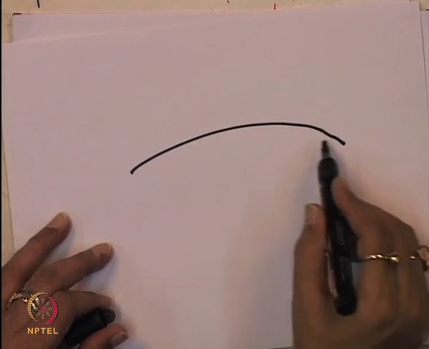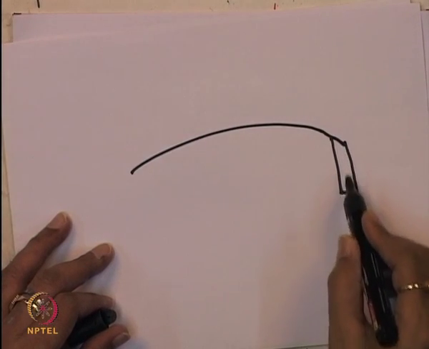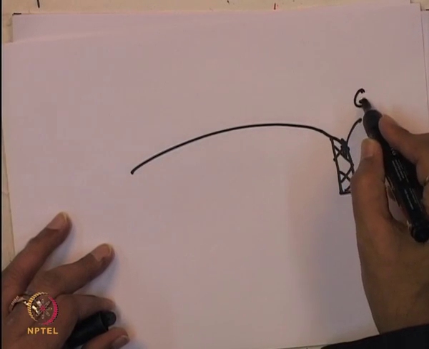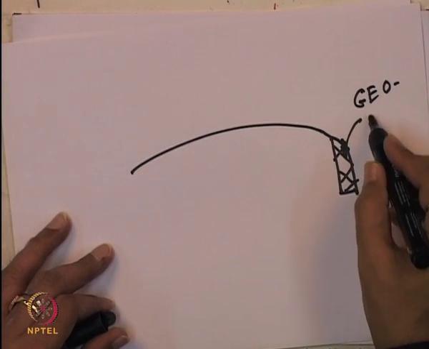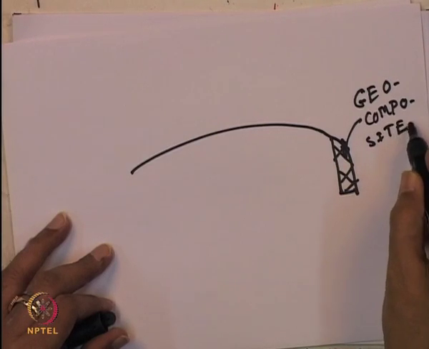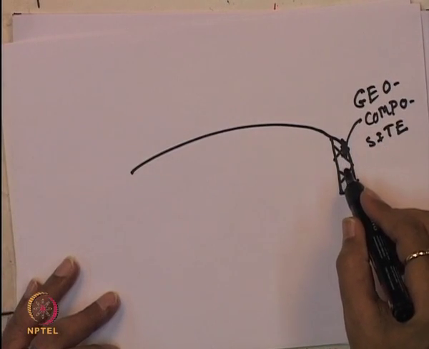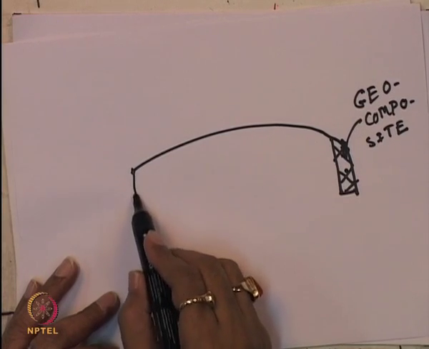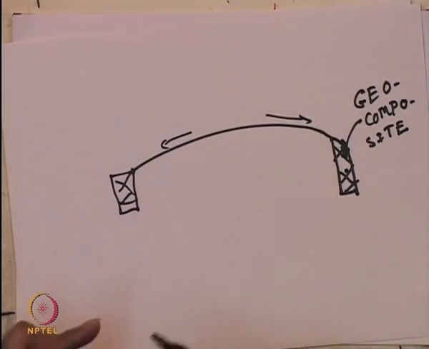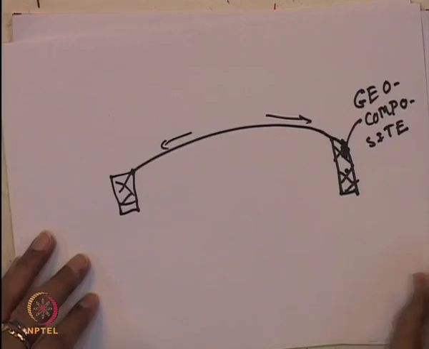So it is like this. If this is the highway, you can place this material here. This is the geocomposite material, or sheet. So both sides you can provide with the geocomposite material. Water can also percolate into this kind of material.